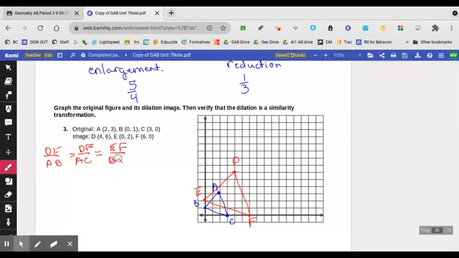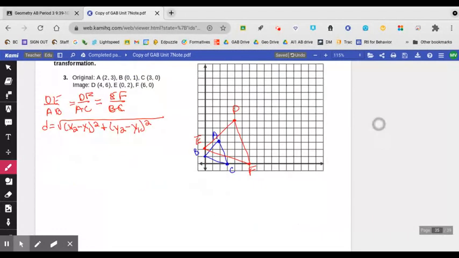Unfortunately, the only way to do that is to find the lengths of everything. So I'm going to use the distance formula on all 6 sides. The distance formula, remember, is d equals the square root of x2 minus x1 squared plus y2 minus y1 squared. So please pause and do that for all 6 sides and then come back and check your answers.